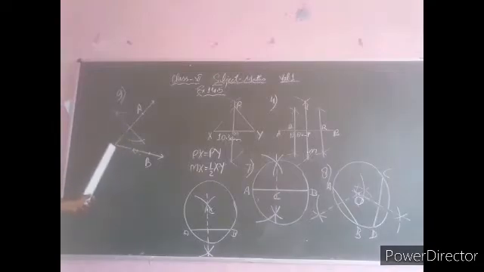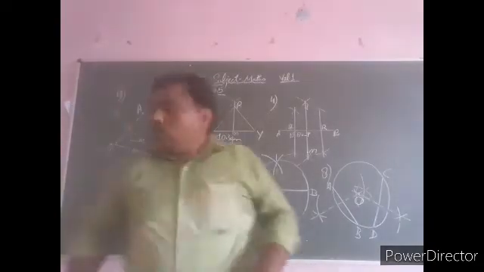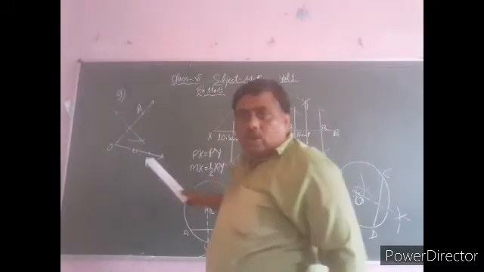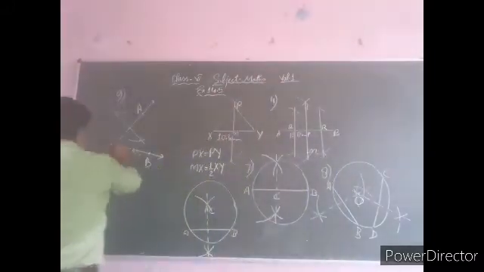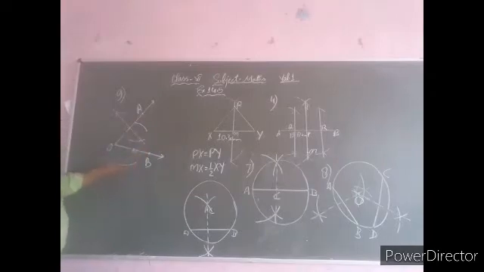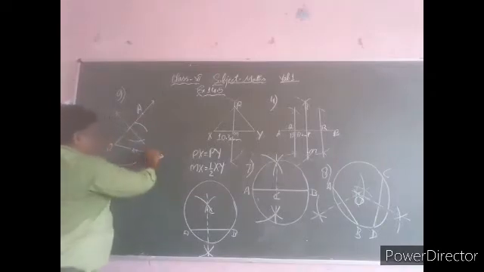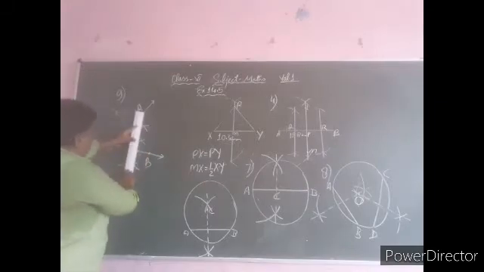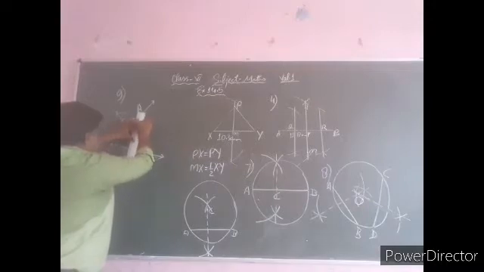In the same way, draw the perpendicular bisector of OB, with more than half, this arc. Now taking B as the center, join the points.